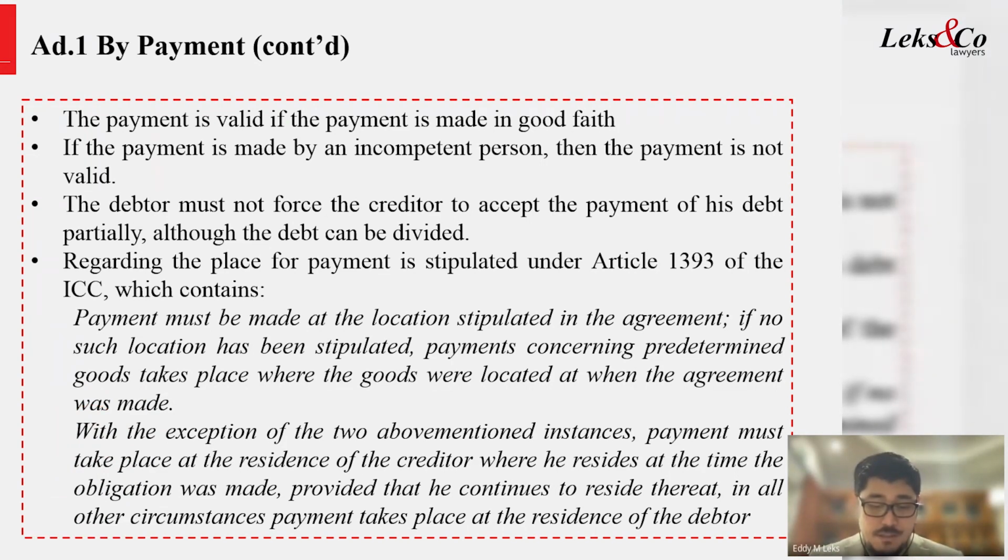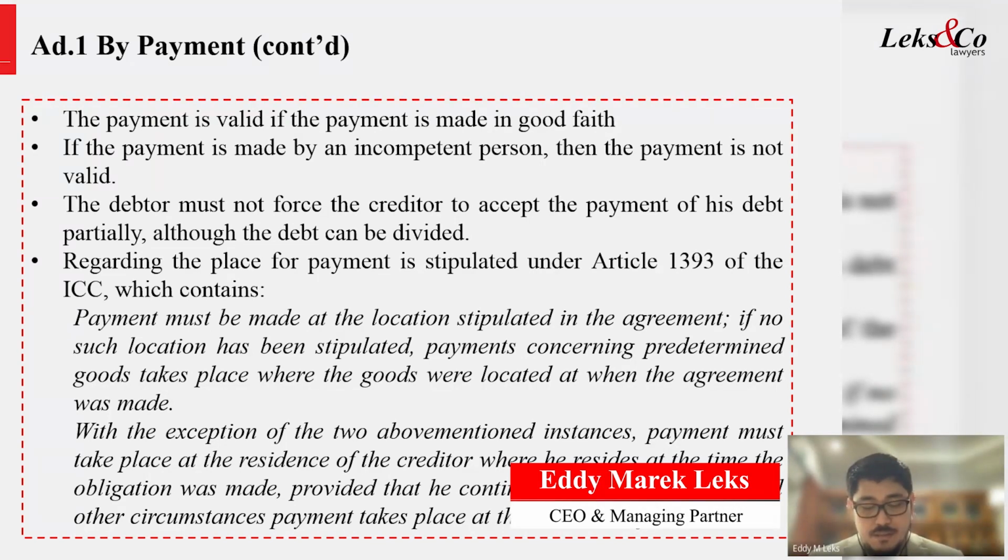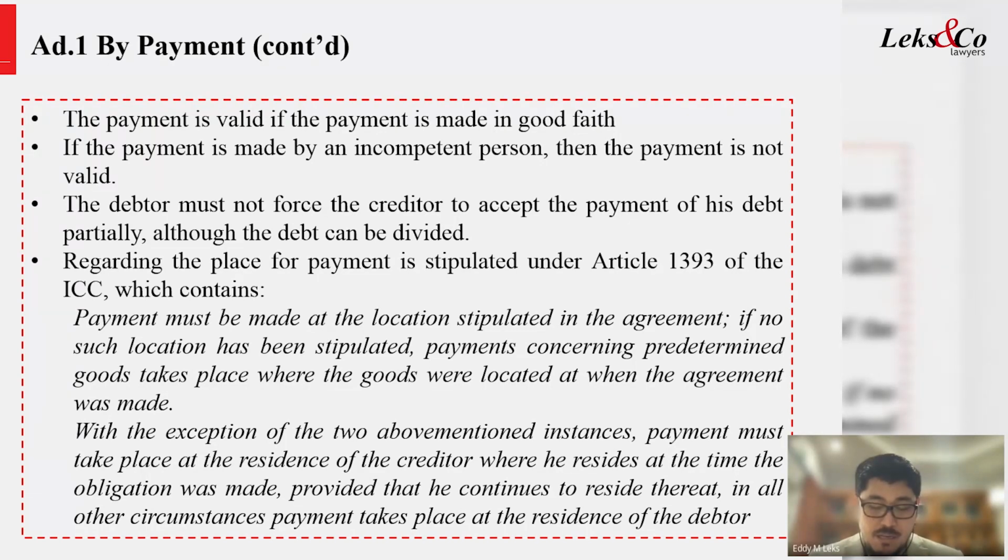So you can see, if we refer to 1384, for example, it is necessary that the payer is the full owner of the delivered goods and is authorized to deliver them so that the payment is valid. Ya, adalah perlu bahwa orang yang membayar itu pemilik mutlak barang yang dibayarkan dan juga berkuasa memindah tangankannya.